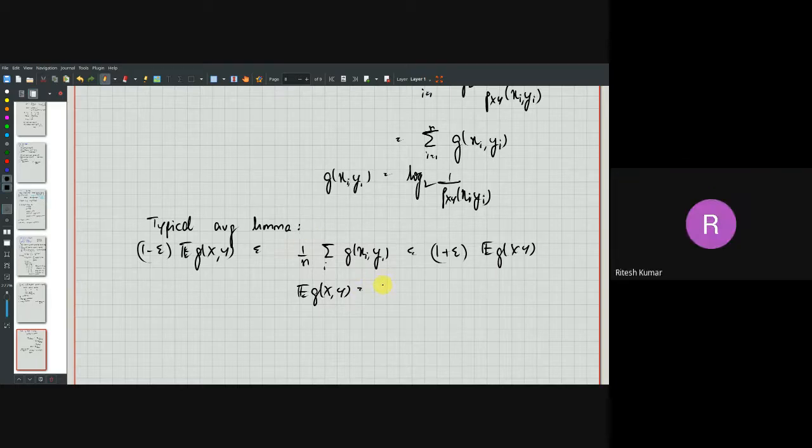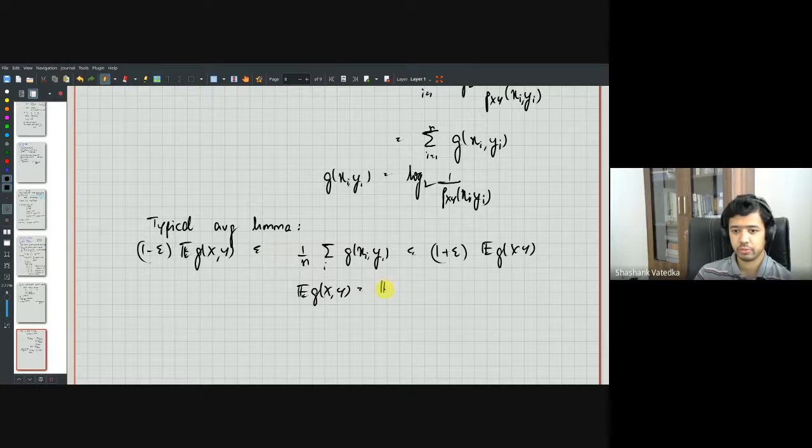Sir, entropy. Exactly. So it's the joint entropy of x and y, right? So it is the expectation of log 1 over p x y of x comma y, but this is nothing but H of x comma y, right?